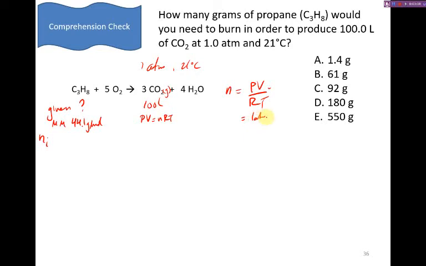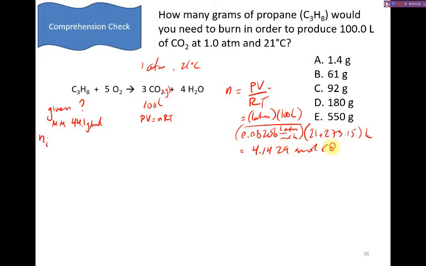And that's 1 atmosphere, 100 liters, 0.08206 liter atmospheres per mole Kelvin, and then 21 plus 273.15 Kelvin. That's going to be equal to 4.1429 moles of CO2.